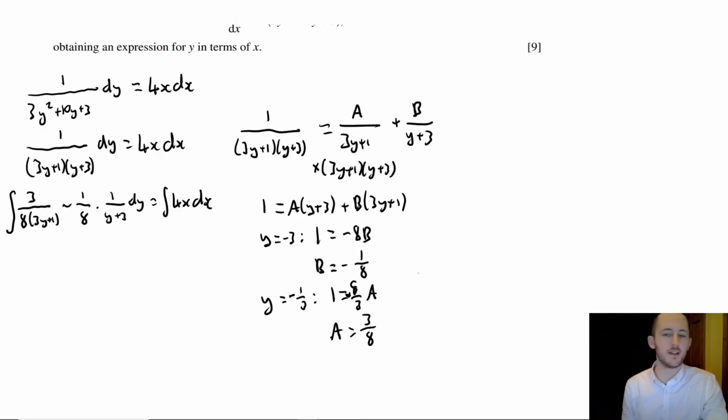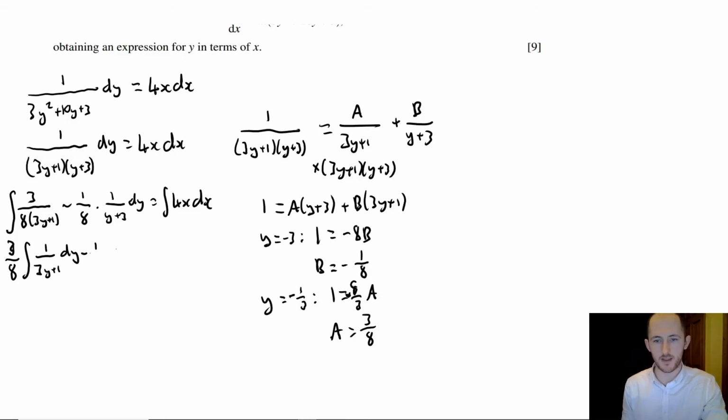And another thing you can do, by the way, is instead of, if you look at this and you think, oh, that's a bit spooky, you could write a dy after here, then another integral sign and a dy later, right? Because that gives you the same kind of result. So feel free to break them up into multiple little bits. For example, I could have 3 over 8, 1 over 3y plus 1, dy.